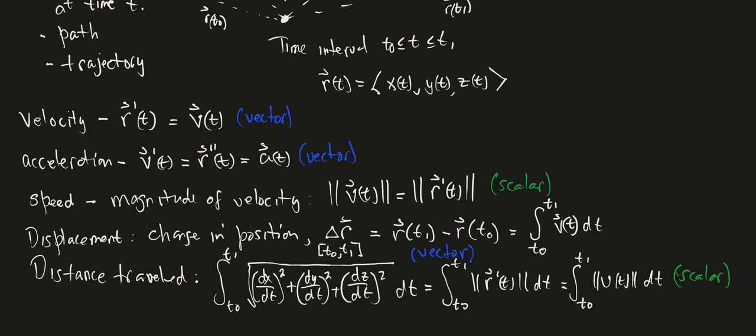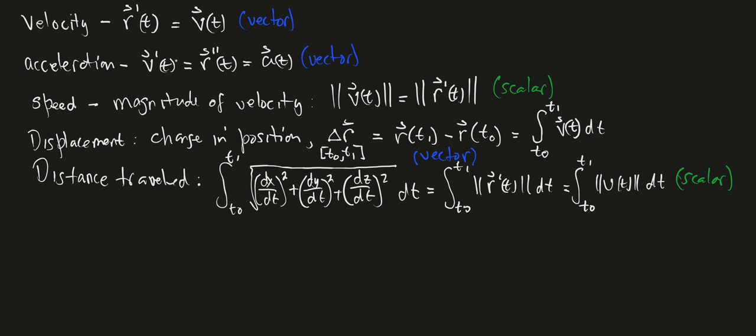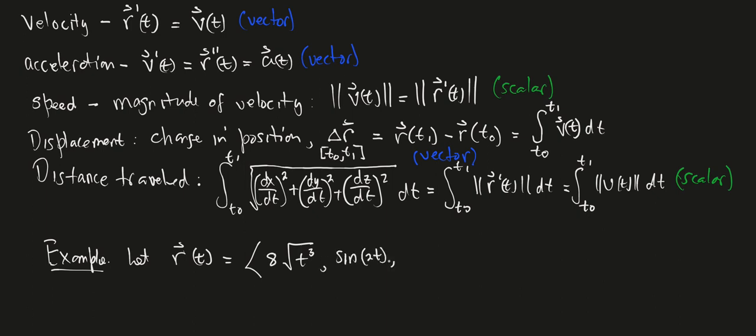All right, so let's do an example. I will use one curve, one trajectory, to illustrate all of these. So let r of t be equal to 8 times the square root of t cubed, then the sine of 2t, and then the cosine of 2t.